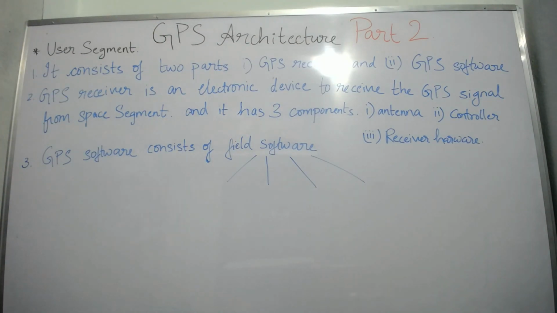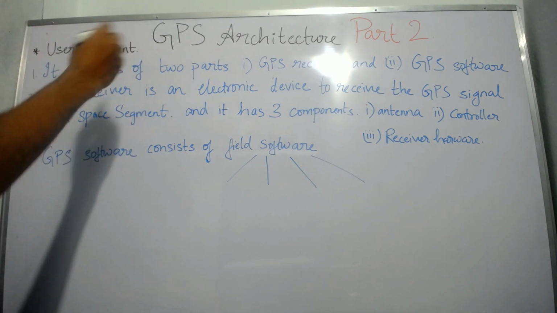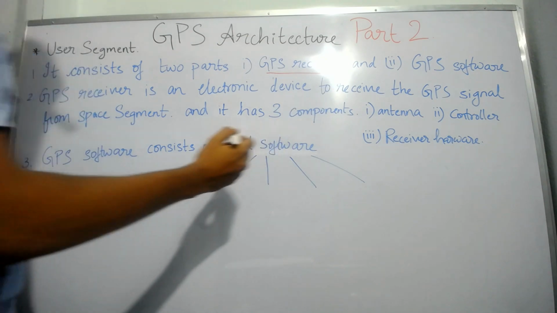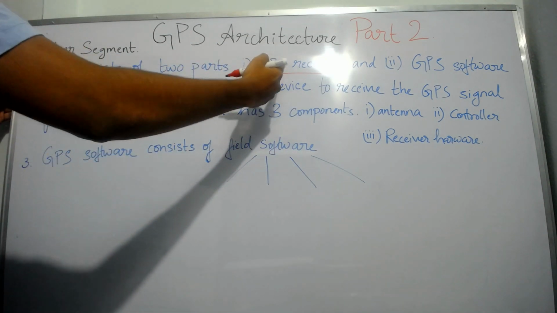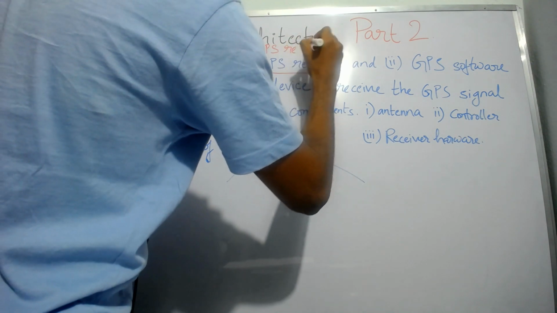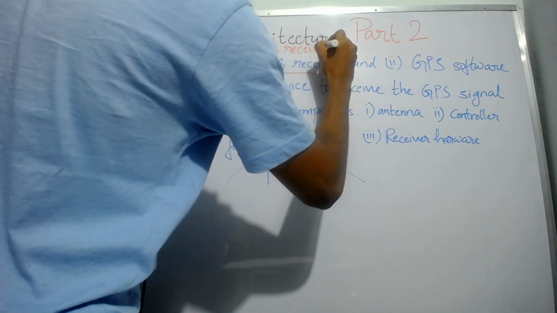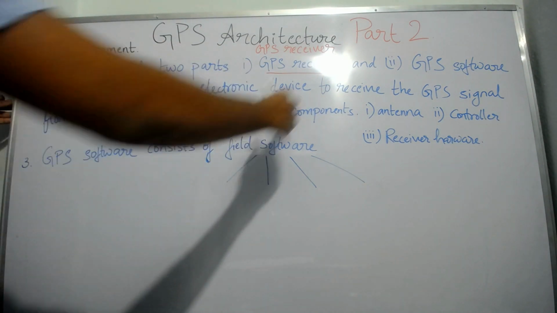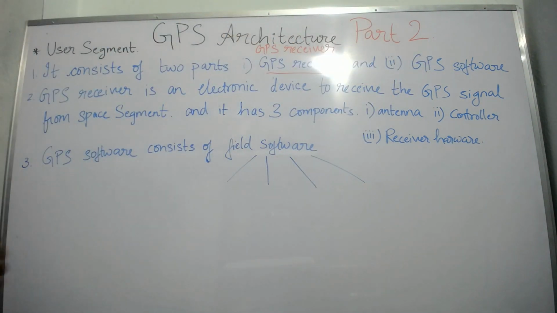Now the user segment consists of two parts. One is the GPS receiver. I guess you are not able to see this. This is the GPS receiver and the other part is GPS software.